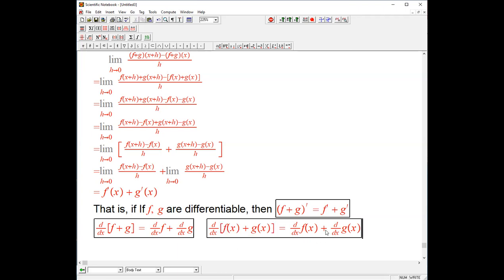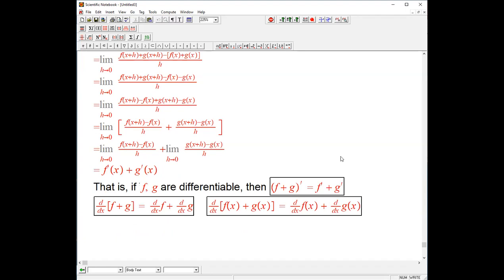It's the same as the sum of derivatives. So to separate these two is conditional. That condition is that both functions must be differentiable at that specific point with respect to the same variable. And subtraction can be done similarly. Just be careful when you're doing that. There's a negative sign you have to take care of with care, and I'm sure you can do it.